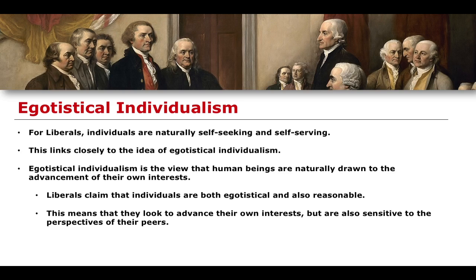You can see that people are naturally egotistically individual, but also sensitive to the perspectives of their peers. From here we can see how this understanding of human nature ties into the basic liberal positions relating to how a liberal sees the state, the economy, society, all of these different questions that we will explore in future lessons.